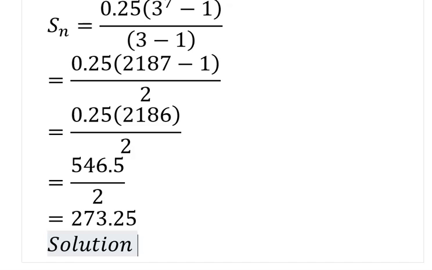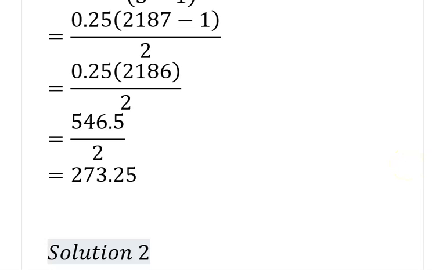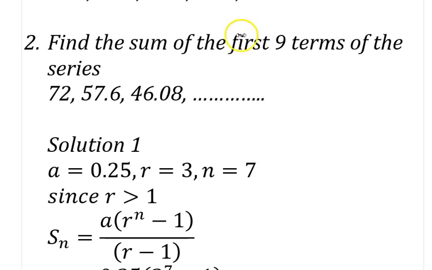So let's say solution 2. This is the question. Find the sum of the first 9 terms of the series. Your first term is 72, your second term is 57.6, your third term is 46.08. Merely looking at this, you know that your R will be less than 1.